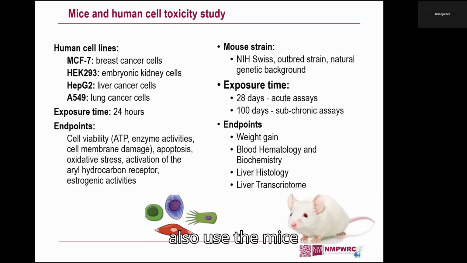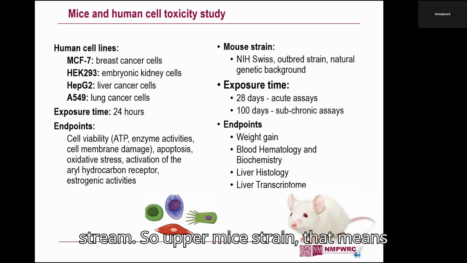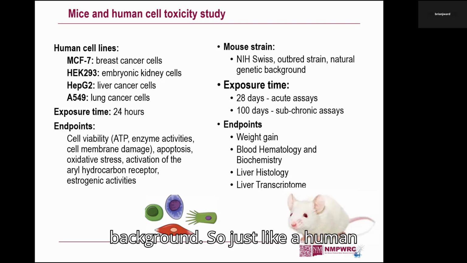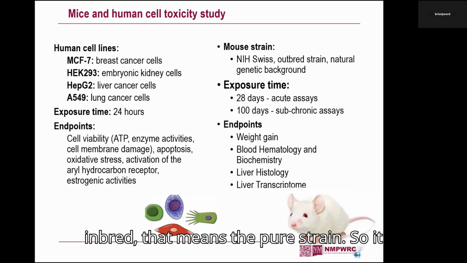So that's why we also use mice as the toxicity model. We use an outbred mouse strain, which means they have a variety of genetic backgrounds, just like a human population, compared with inbred strains, which are pure strains.